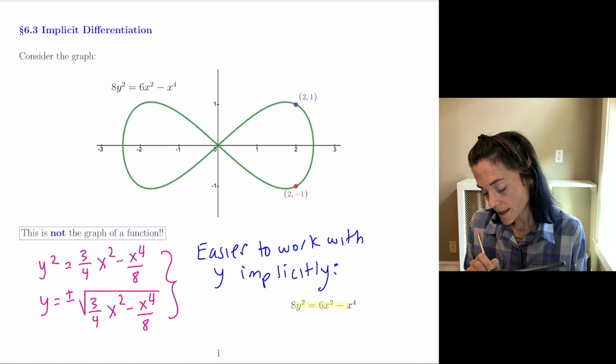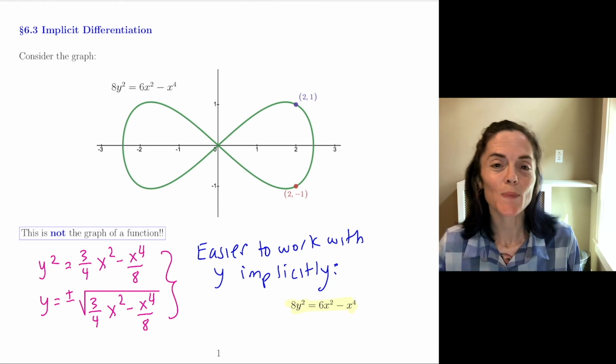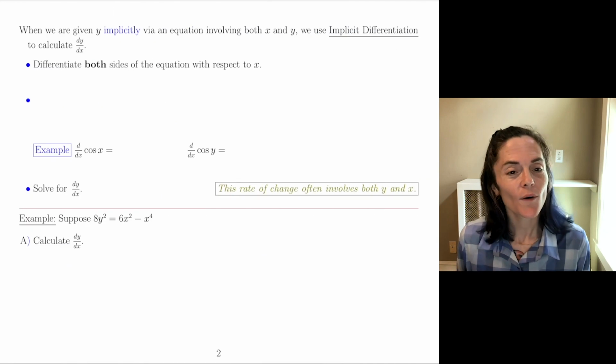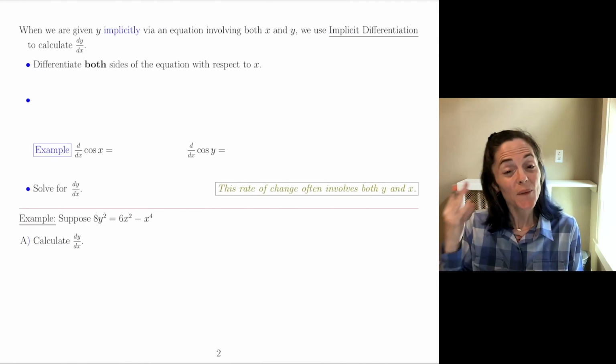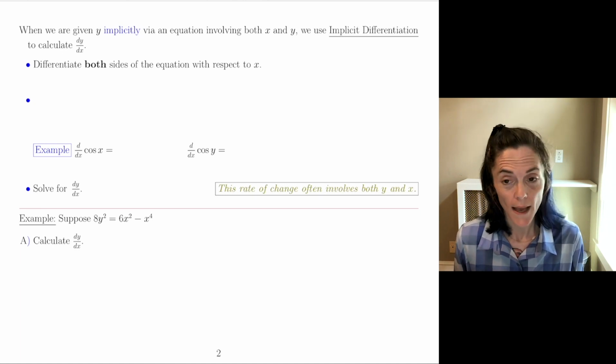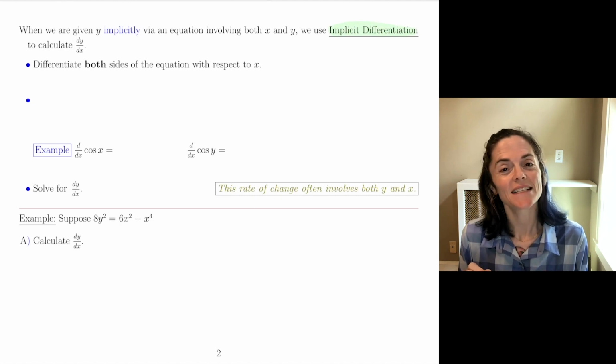So this is a much easier way and how we can work with y implicitly and still calculate the rate of change of y with respect to x. This is implicit differentiation. Okay, so when we are given y implicitly via an equation involving both x and y, we use, well, this is the topic of today, implicit differentiation to calculate dy/dx.